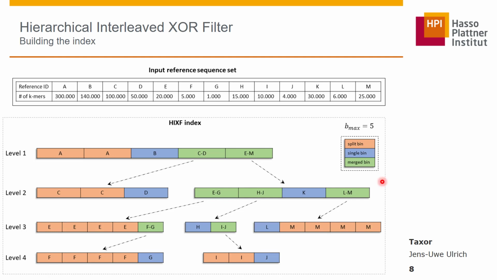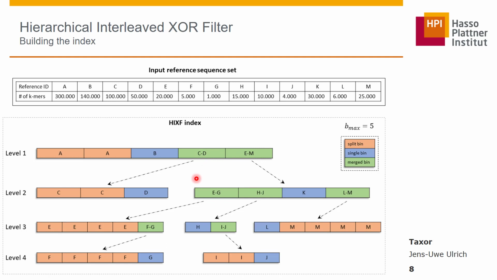follows. Building the HIXF requires specifying the maximum number of XOR filters on each level. So in our example, it's 5. Then we split the large reference genome A into 2 XOR filters. Genomes C and D as well as E to M are merged into one XOR filter on the highest level.